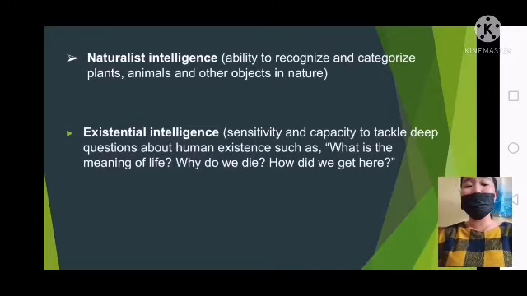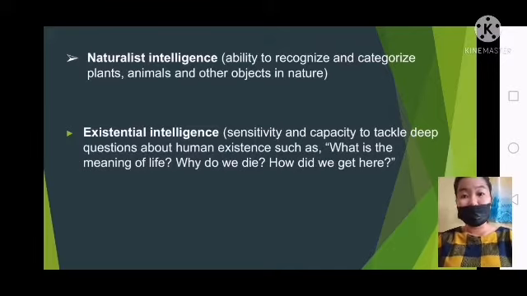The next one is existential intelligence: sensitivity and capacity to tackle deep questions about human existence, such as what is the meaning of life, why do we die, or how did we get here? Those are the multiple intelligences by Howard Gardner.